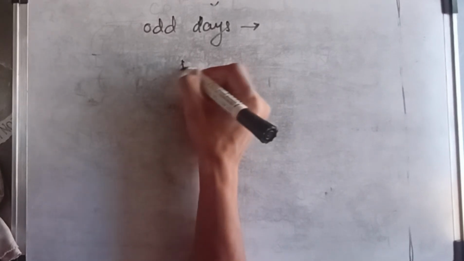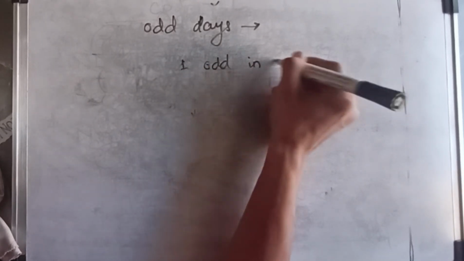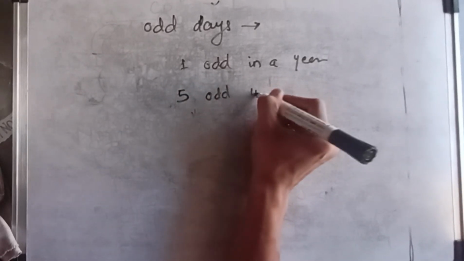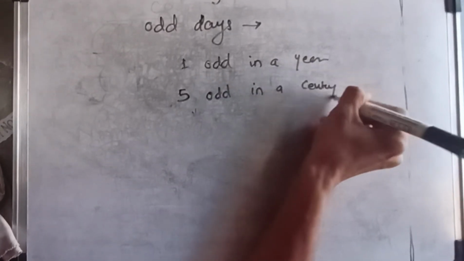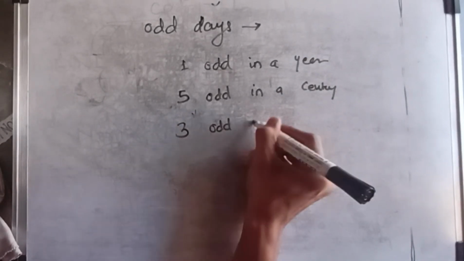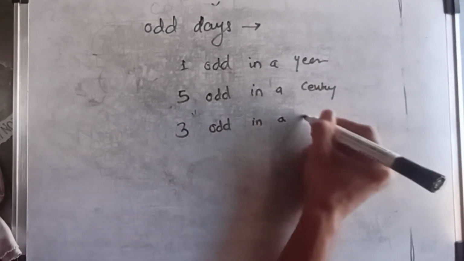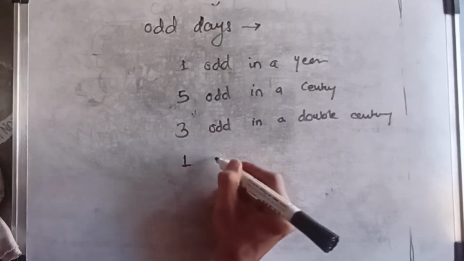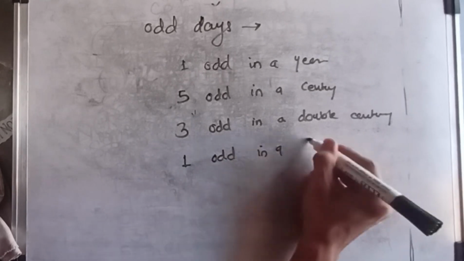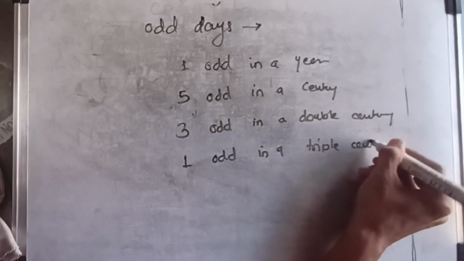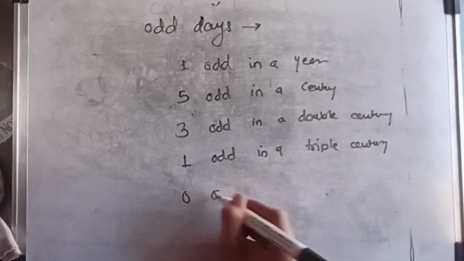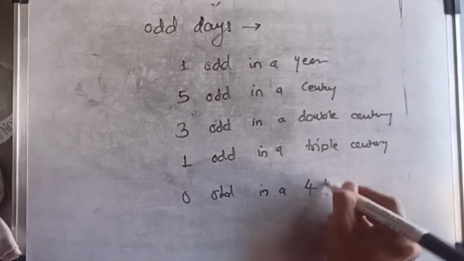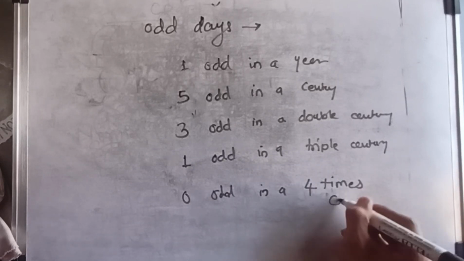So there is 1 odd day in a year, 5 odd days in a century, 3 odd days in a double century, 1 odd day in a triple century, and 0 odd days in 4 centuries, or 400 years.